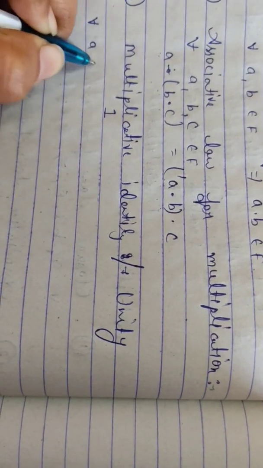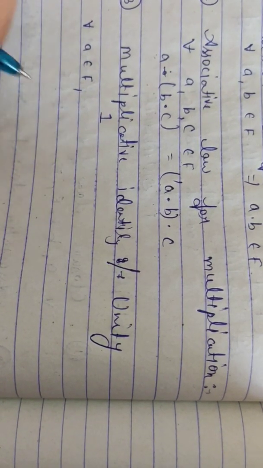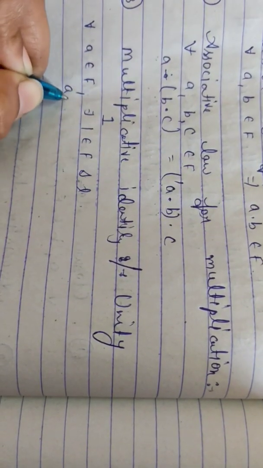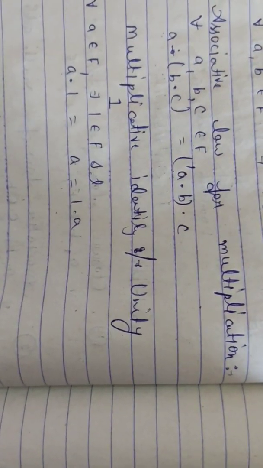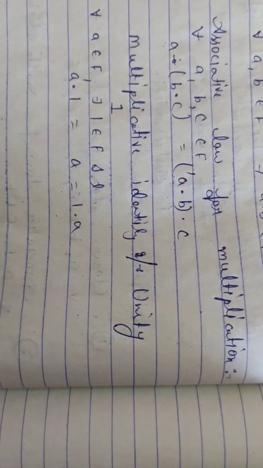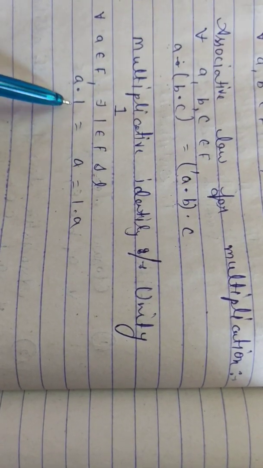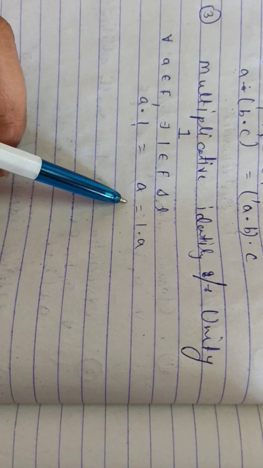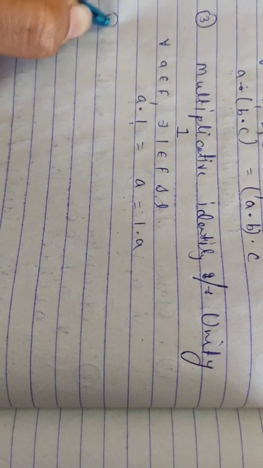For each a element of F, there exists 1 element of F such that a · 1 is equal to a, equal to 1 · a. 1 is the multiplicative identity of F if, when we operate 1 from the right-hand side and from the left-hand side, in both cases we obtain the same element a. Then we can say that 1 is the multiplicative identity for F.